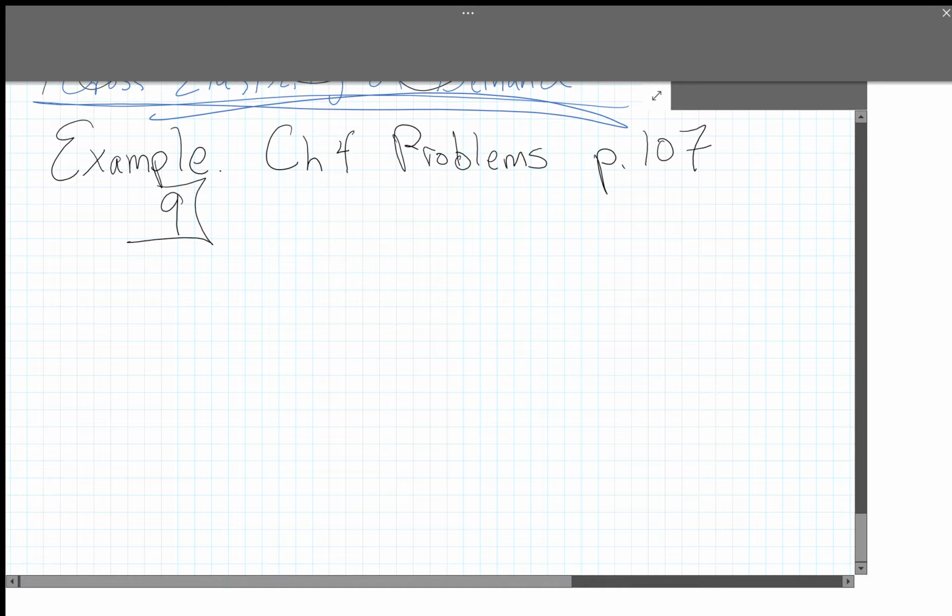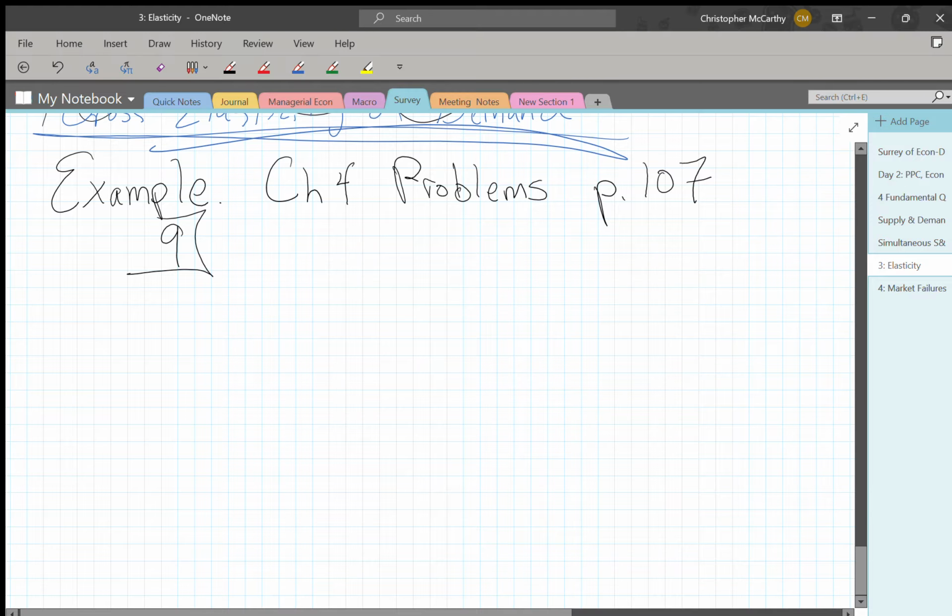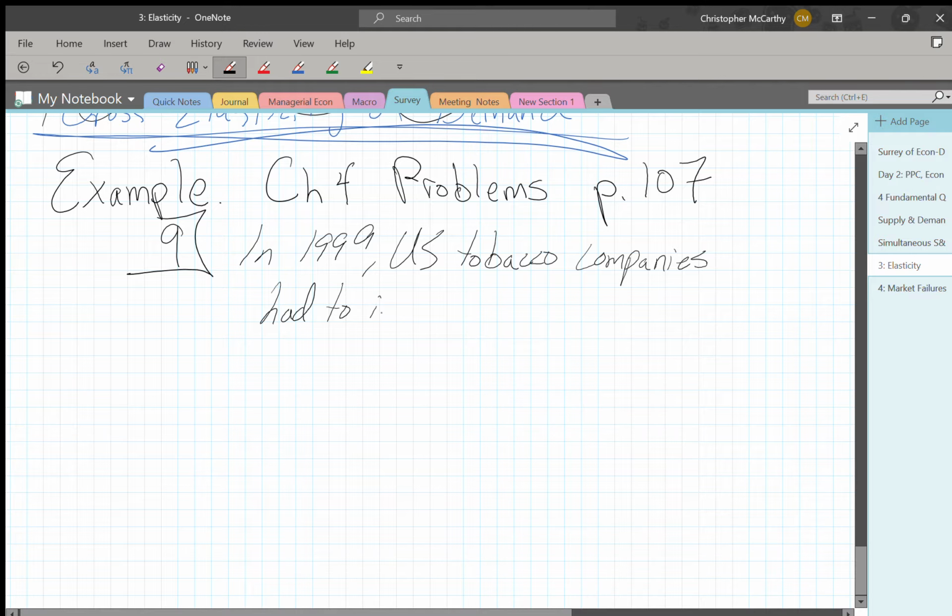All right, so we are told there was a legal settlement over state healthcare claims in 1999. The U.S. tobacco companies were forced to raise the price of cigarettes from $1.95 to $2.45.